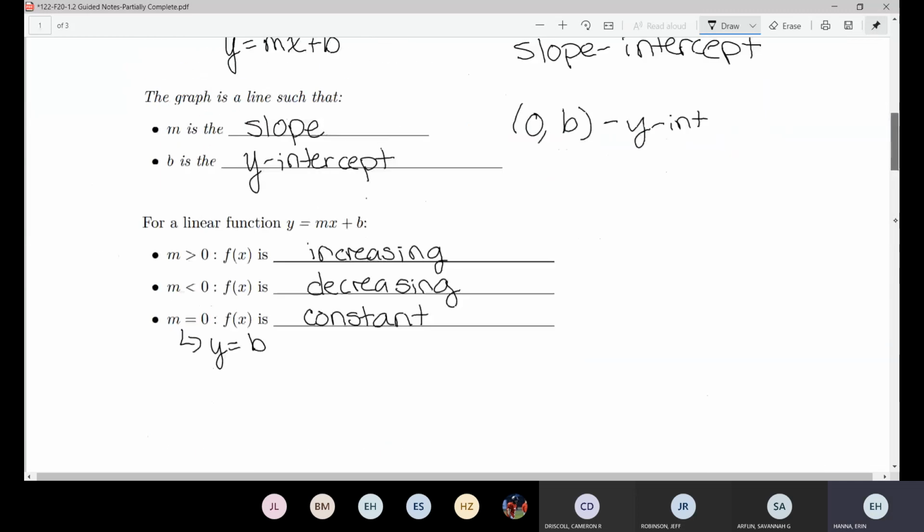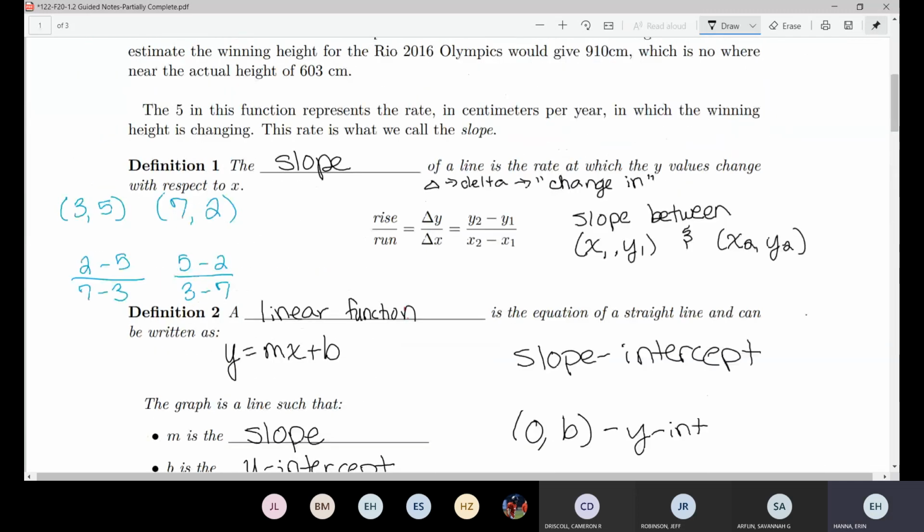And essentially what it's going to do is it's going to go back to the idea of the definition of slope. So the definition of slope, to remind us, was the rate at which the y values change with respect to x. So I'm going to make a little side note up here. Sorry, things are popping up on my screen. So it's a change in y over change in x, right? So that's going to give us that the units of the slope.